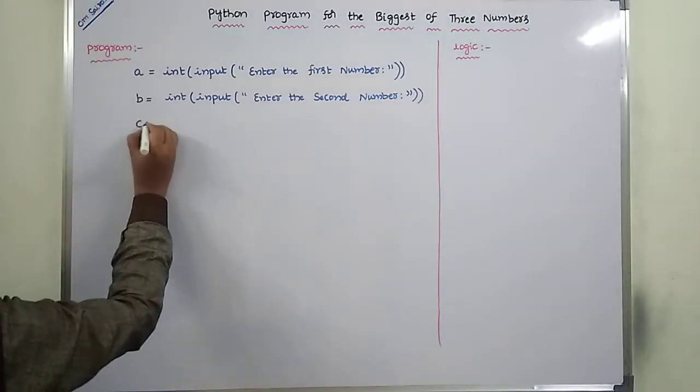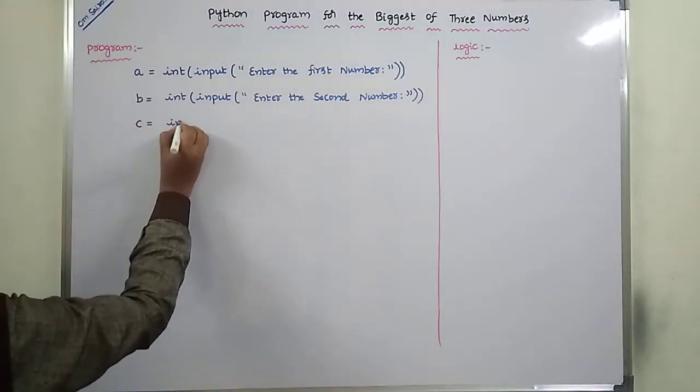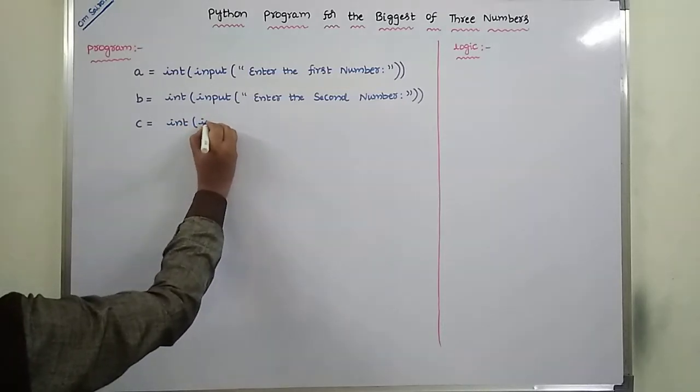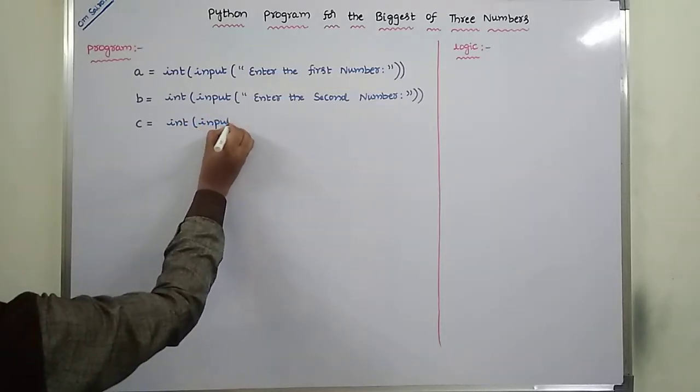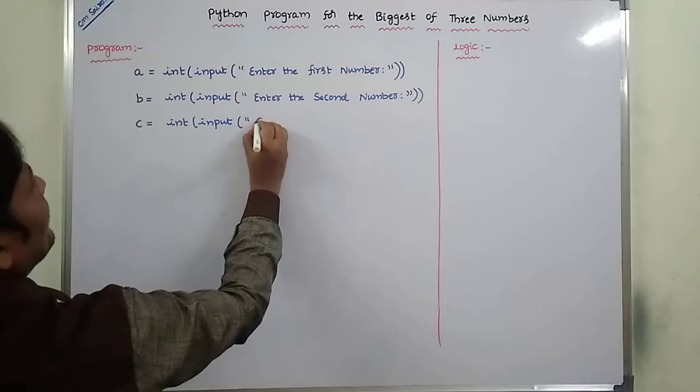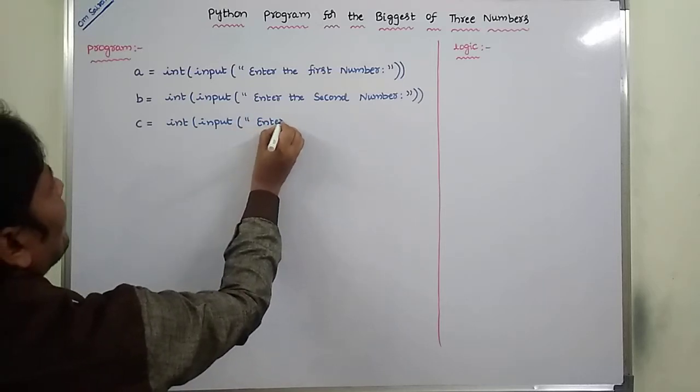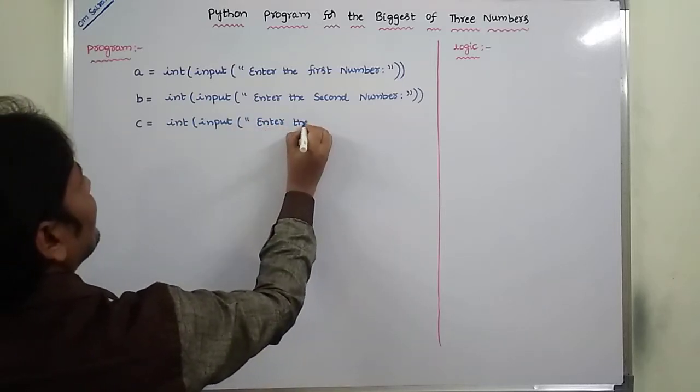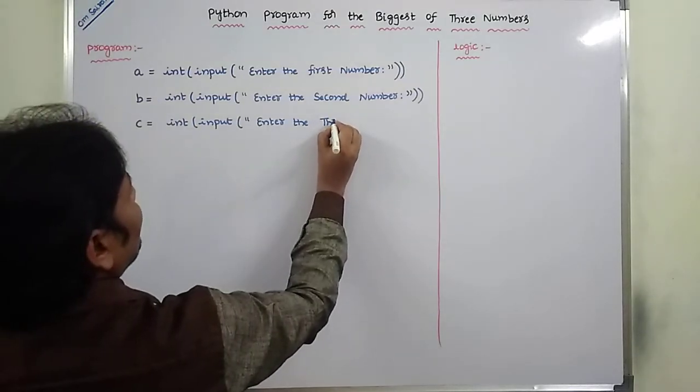Next, go for the third number. c is equal to int of input of "Enter the third number".